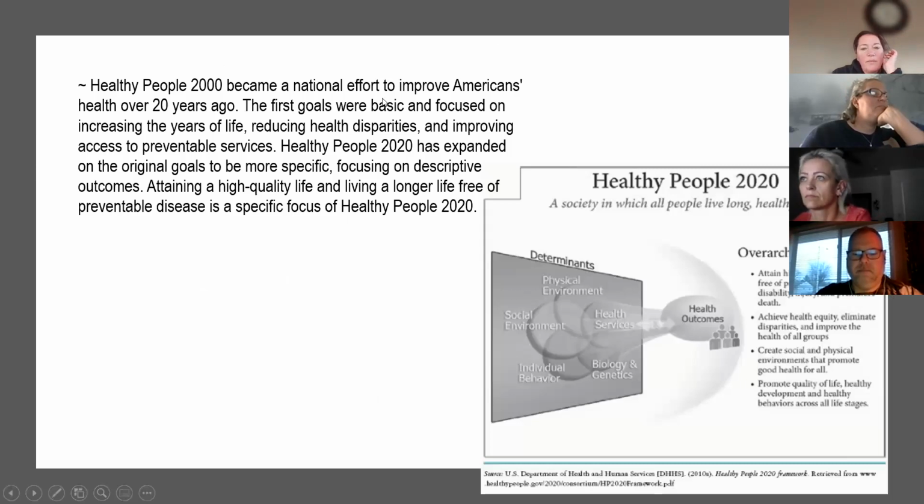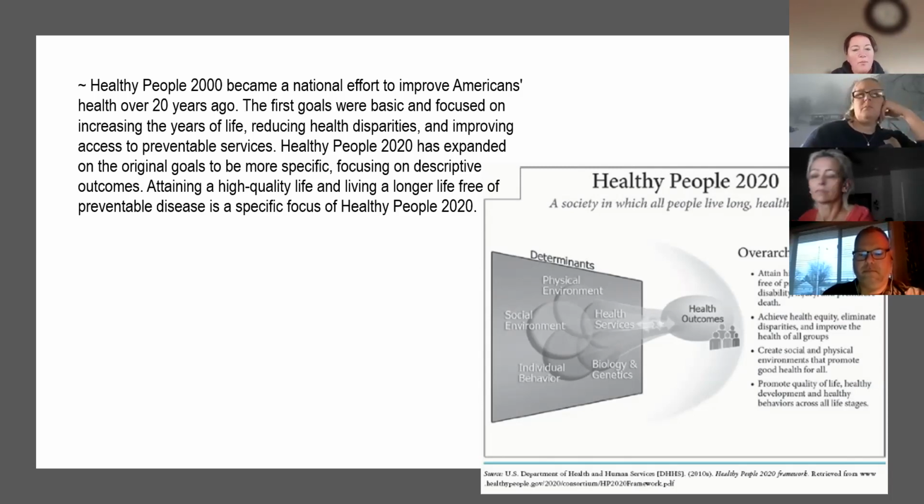All right, when we look at our Healthy People 2020 objectives, we look at how it started in 2000. In 2000 it started, and we wanted to improve Americans' health. The first goals were to increase life, reduce health disparities, and improve access. Now we've gone to 2020, and we also have 2030. So we expand our goals.